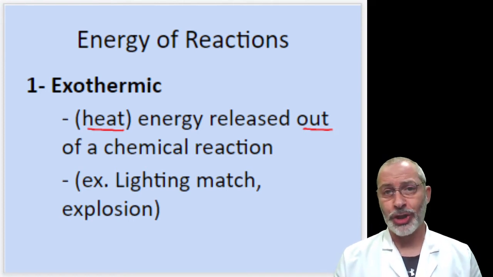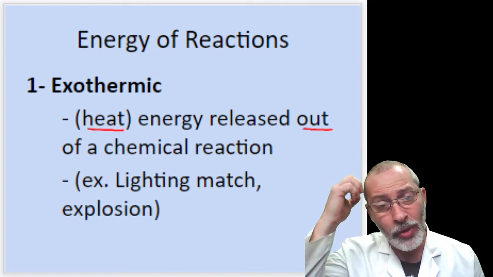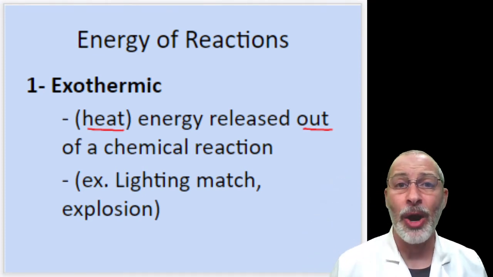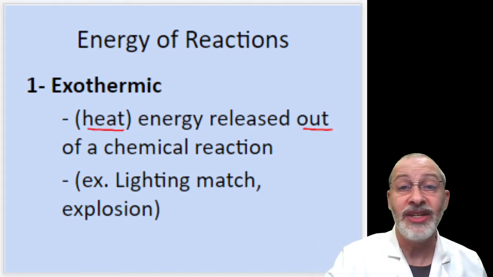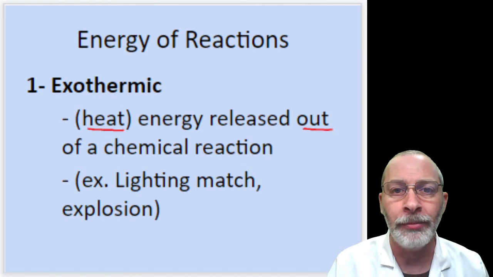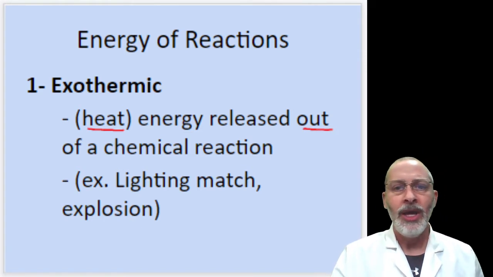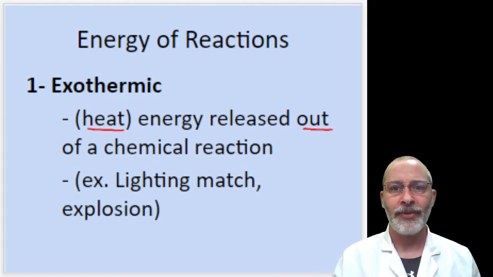exothermic reactions. The prefix exo means out of something, like the exit sign shows you how to get out of a room or a building. Exo means out of something.